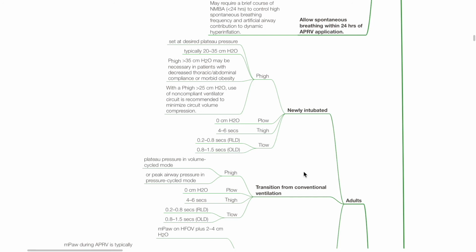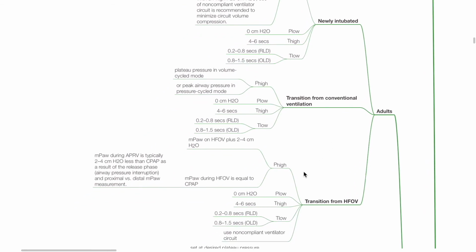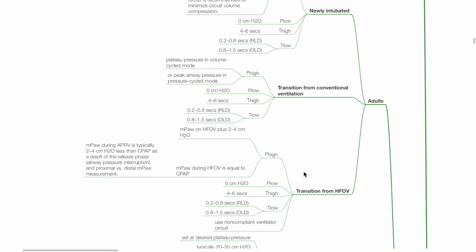P-low is set at 0 cm H2O, T-high is set at 4 to 6 seconds, T-low is set at 0.2 to 0.8 seconds for restrictive lung disease, and 0.8 to 1.5 seconds for obstructive lung disease. If the adult is transitioned from conventional ventilation, P-high is set at the plateau pressure in volume cycled mode or peak airway pressure in pressure cycled mode.